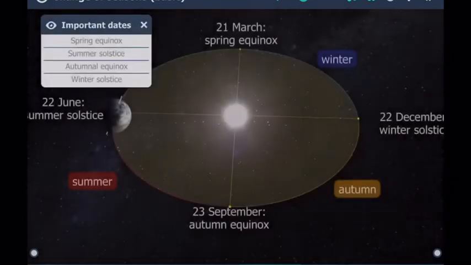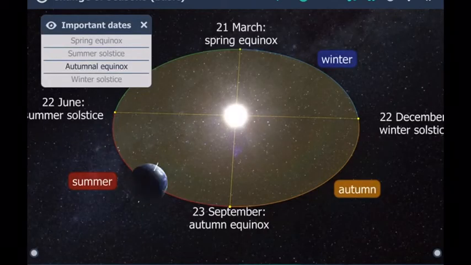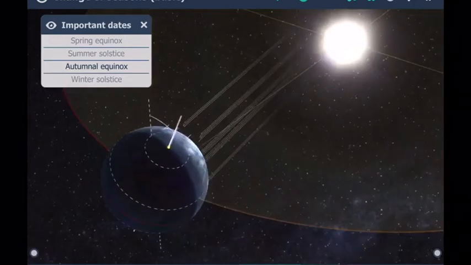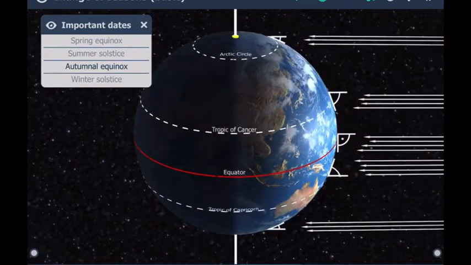Autumn equinox. See, autumn equinox is also showing us the same sort of picture, where neither the northern hemisphere nor the southern hemisphere is tilted towards the sun, and both the hemispheres are almost receiving equal amount of sun's rays.